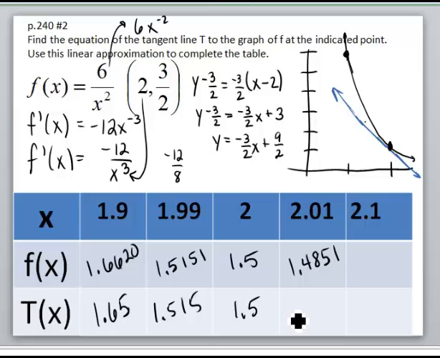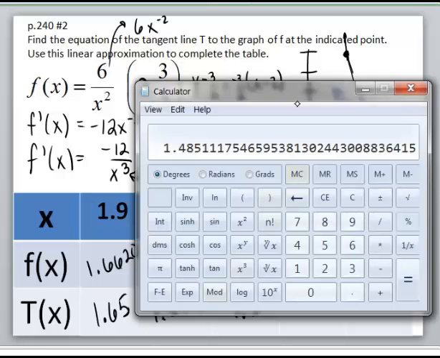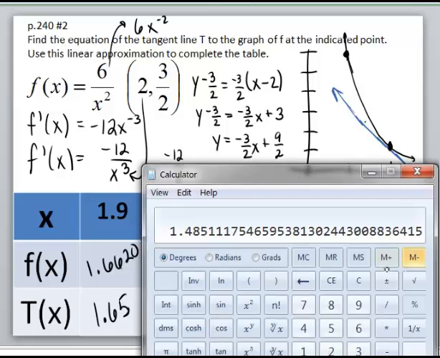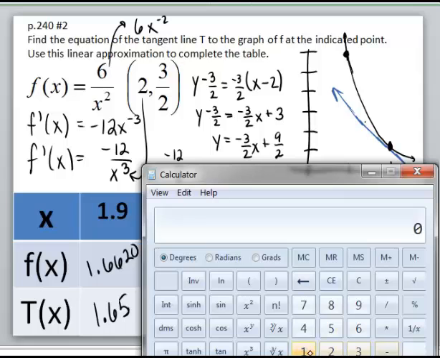And then I will take that same 2.01 and plug it in for the tangent line to the curve. So in this problem, I would get negative 1.5 times 2.01 equals this plus 4.5, which gives me 1.485.